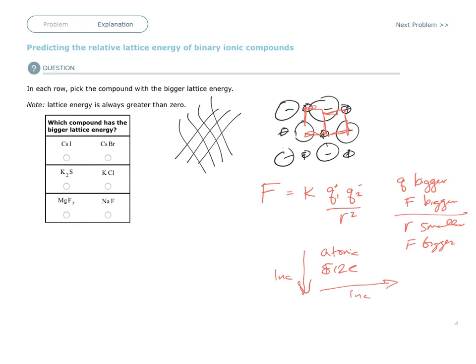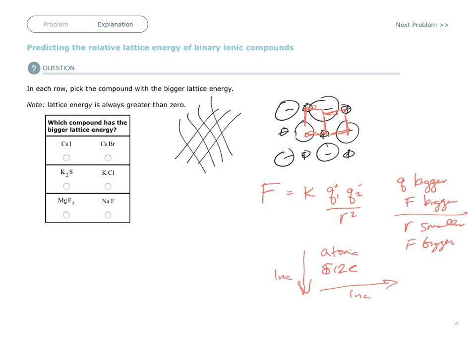Okay, so you want the smallest possible size. The smallest possible size would be towards the top, towards the top and towards the left. I think that's right. All right, so let's look at the questions and see what we can do.